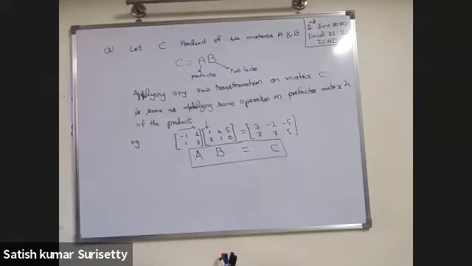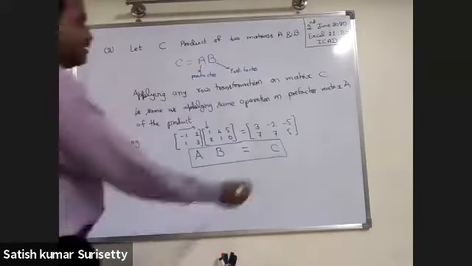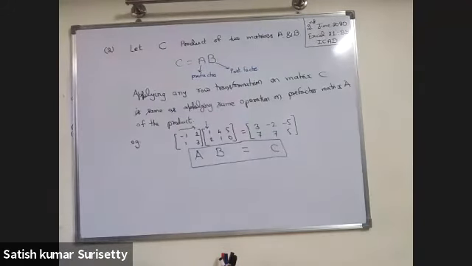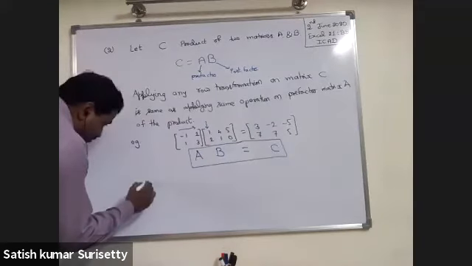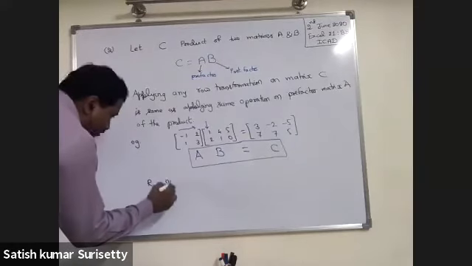Now observe the statement. If I want to apply any row operation on the matrix C, which will be same as applying the same operation on the prefactor matrix. Now let us apply the operation R2 to 2R2.